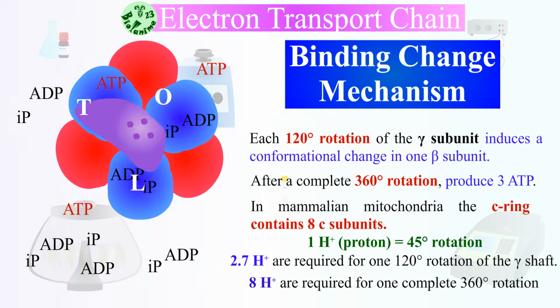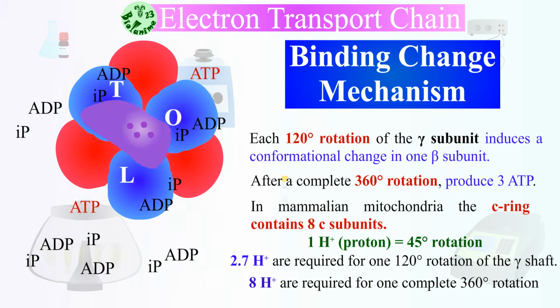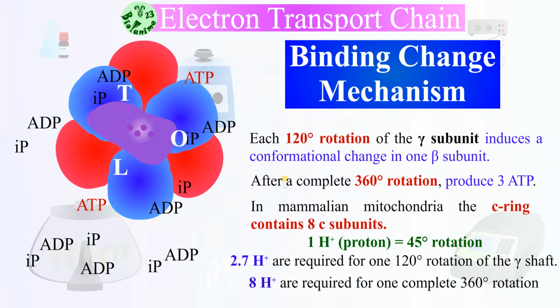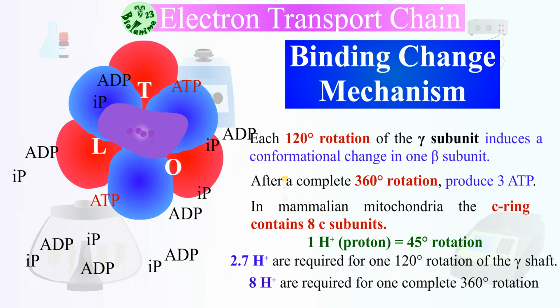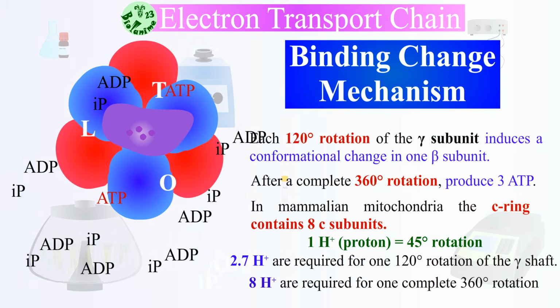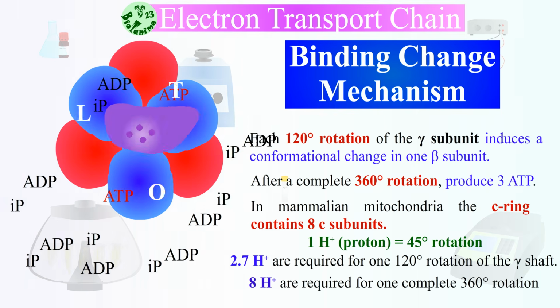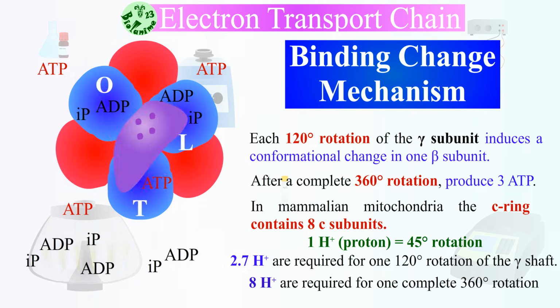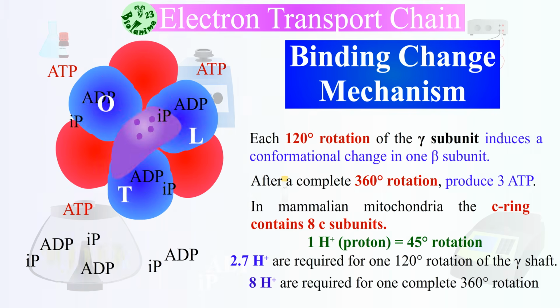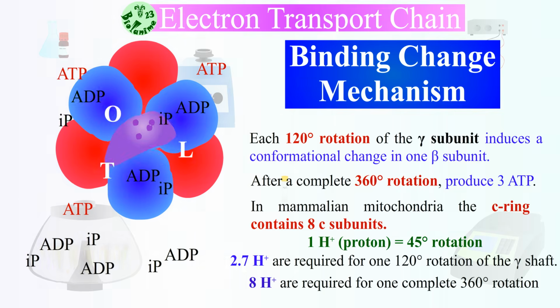Also, one 360 degrees rotation produces 3 ATP. So you can say, in mammalian mitochondria, approximately 2.7 protons are required to rotate the gamma shaft by 120 degrees, resulting in the synthesis of one ATP molecule. A complete 360 degrees rotation requires about 8 protons and produces 3 ATP molecules.